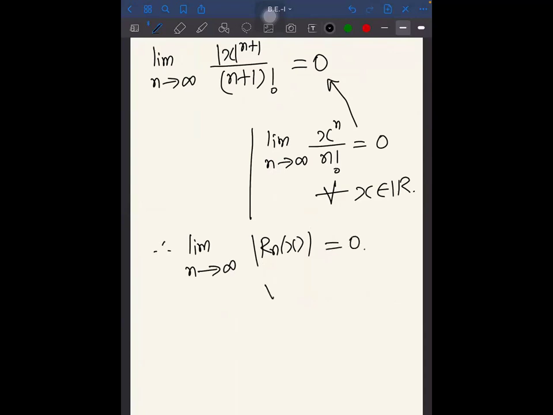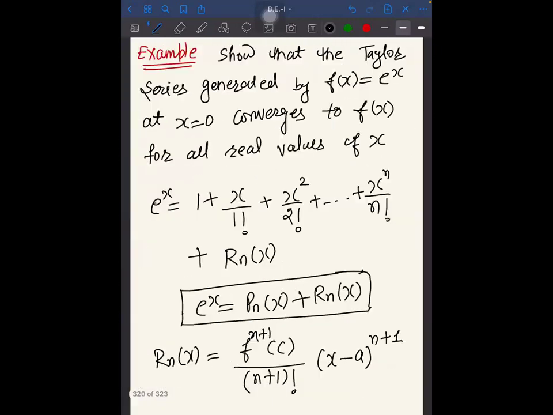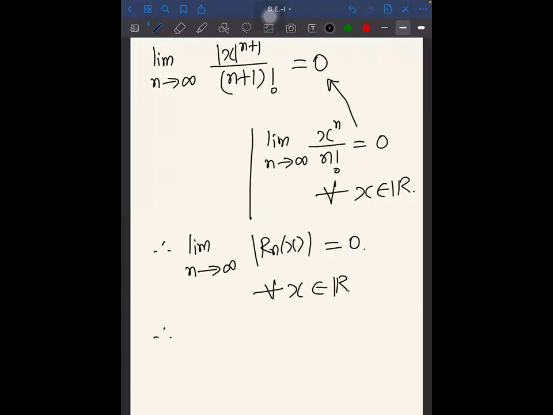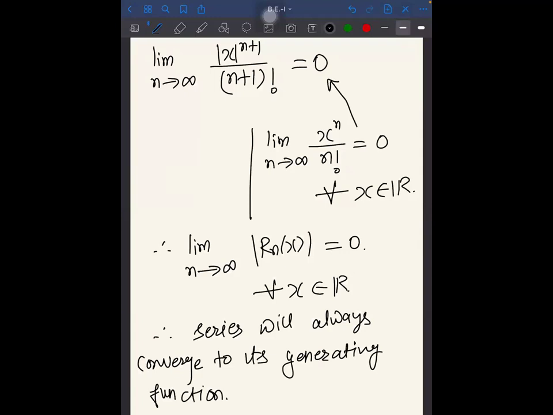It is 0 for all x. And as we have done in the theorem, whenever your Rn(x) tends to 0, that means your series will converge to its generating function. So in this case, the series will always converge to its generating function, right?